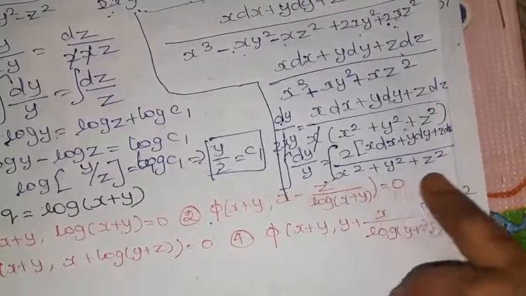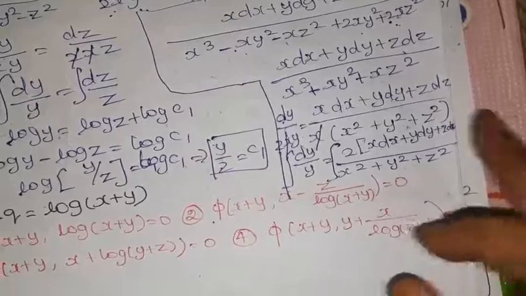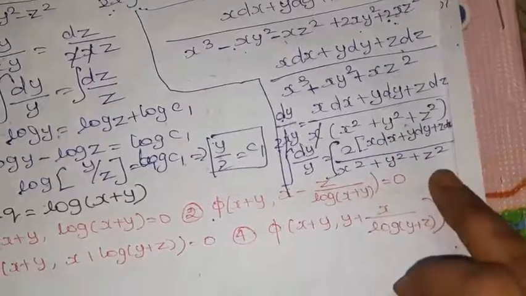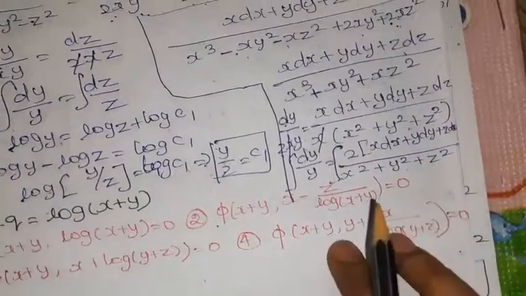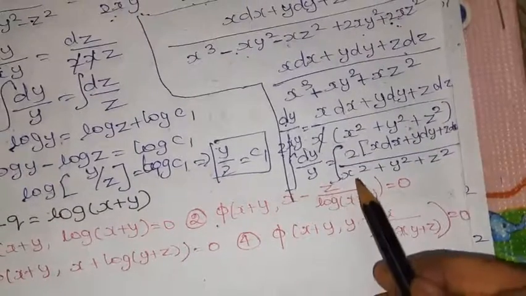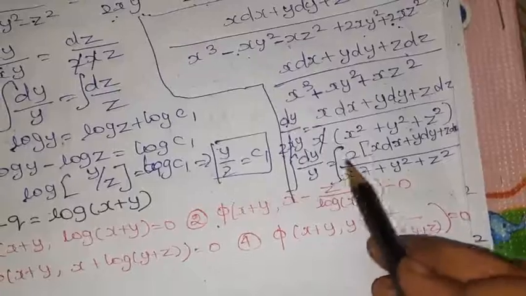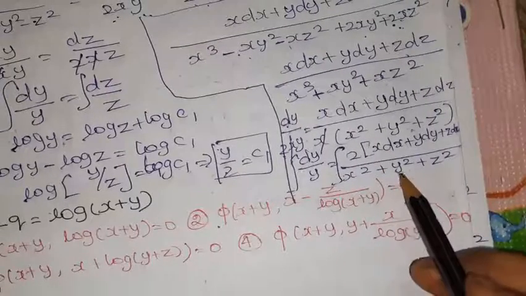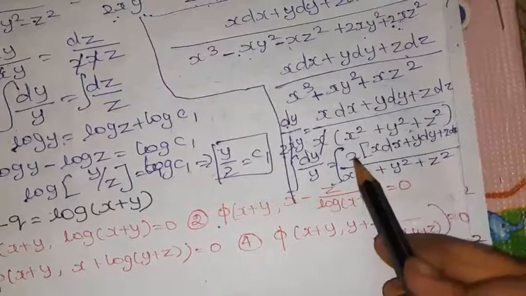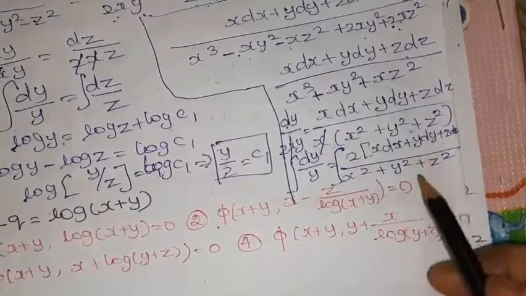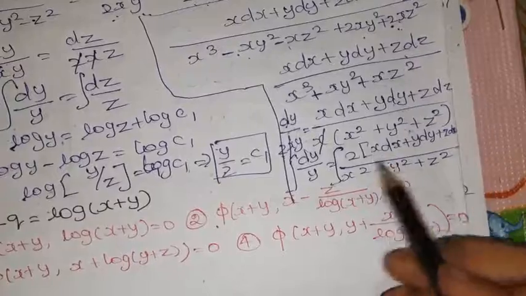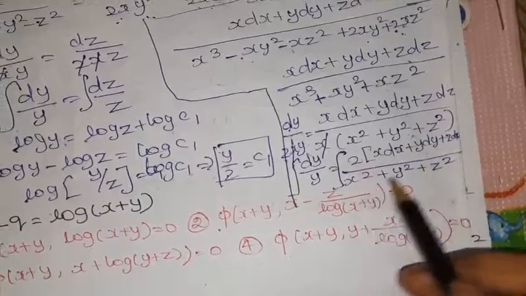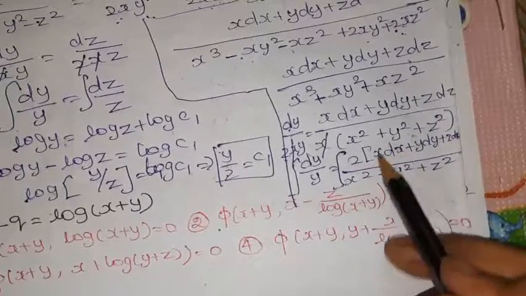When the differentiation of the denominator term is in the numerator, we can write it as log of the denominator term. This is one of the integration techniques. Differentiating this term, x squared is 2x, 2y, and z squared is 2z, so the differentiation of this term is in the numerator in this problem.